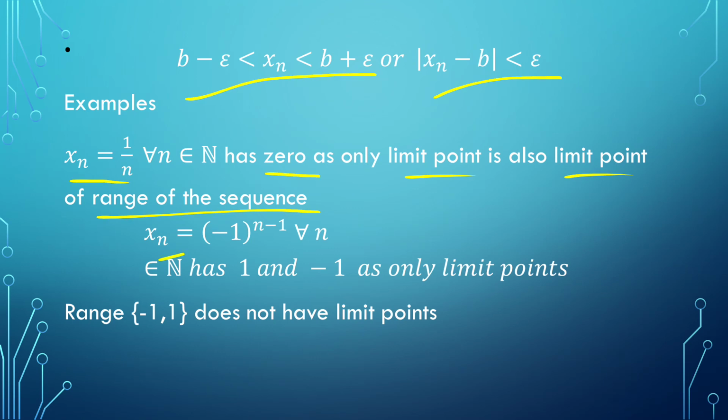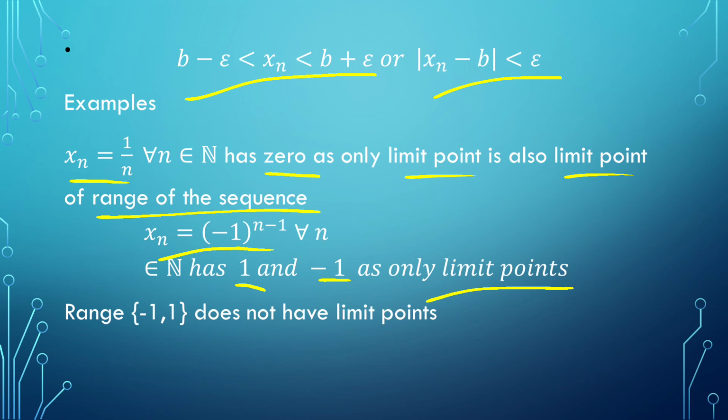If you look at this sequence here, it gives you 1 for the upper part and -1 for the lower part, and they are actually limit points, because the neighborhoods of 1 and -1 have infinitely many points of the sequence xn.